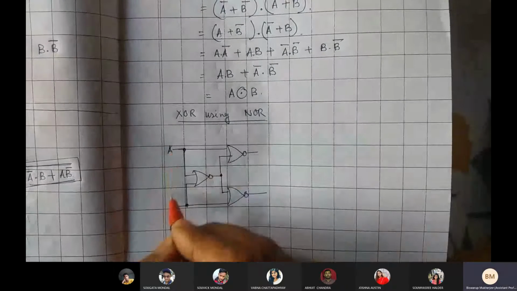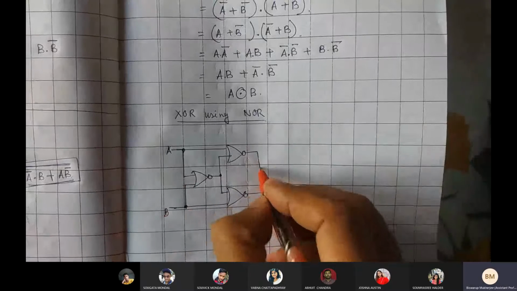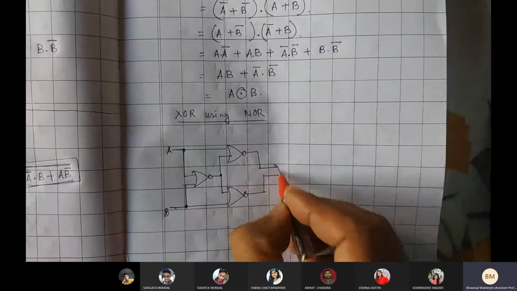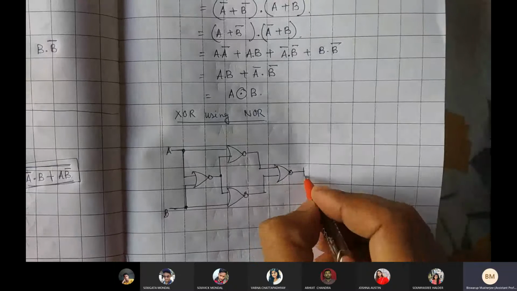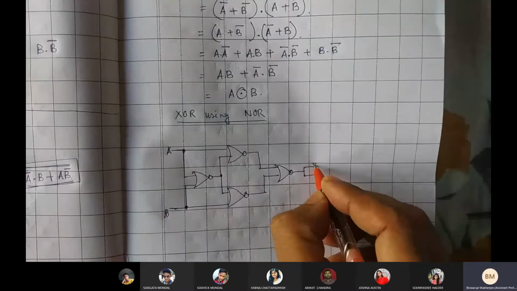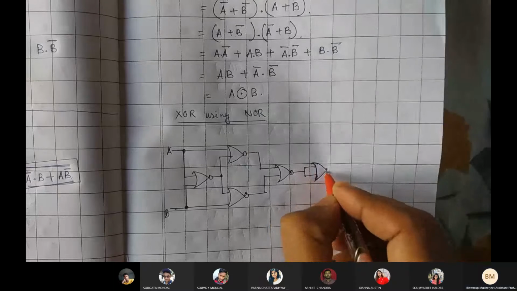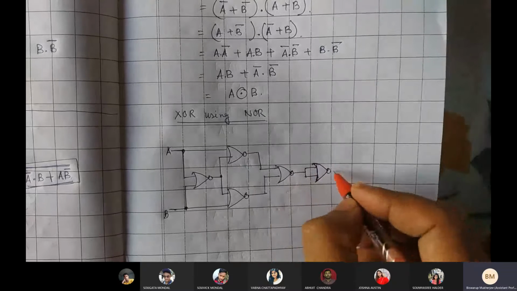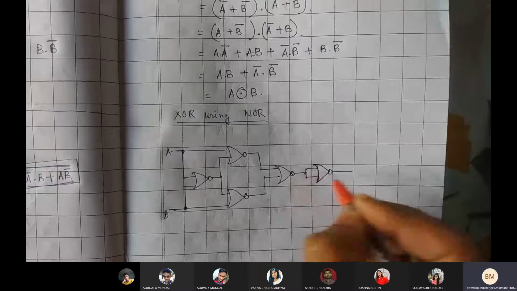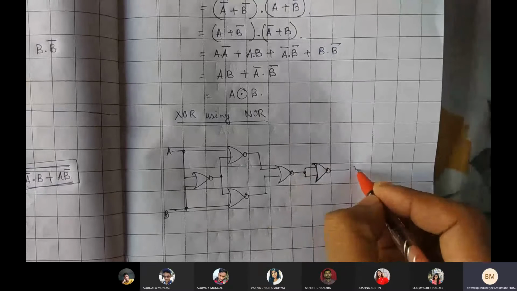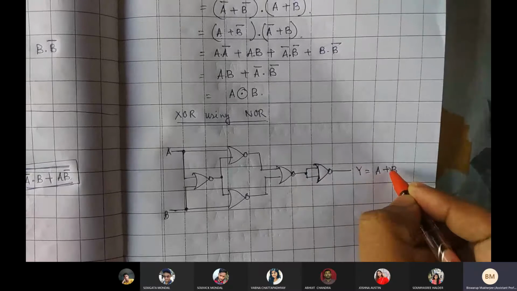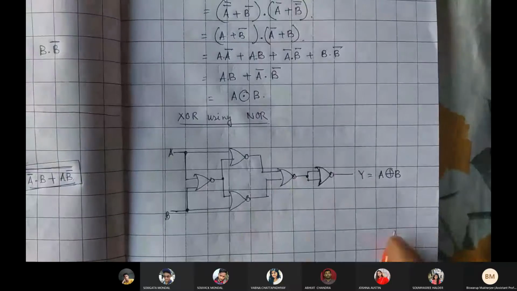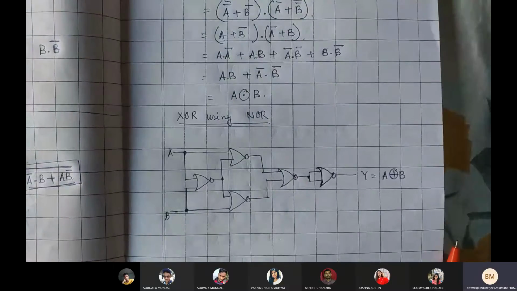So this is A, this is B, fine. Finally we have XNOR here. If we again pass it through another NOR, like one NOT gate, we'll be getting Y is equal to A XOR B. Okay, we'll be getting this one as A XOR B.